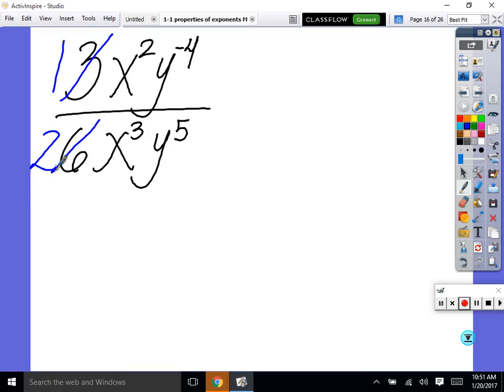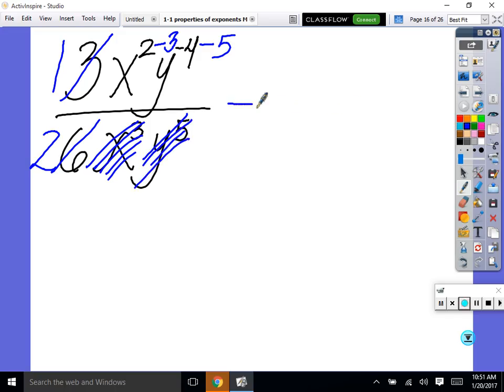Does everybody agree? When you divide the same base, you subtract your exponents, the top from the bottom. So that's 2 minus 3, right? And then I cross that out. So now it's y. When you divide, then you subtract. So -4 minus 5. Then I cross that out.